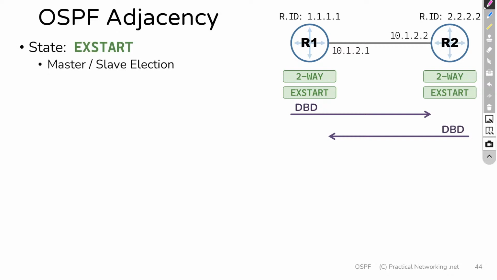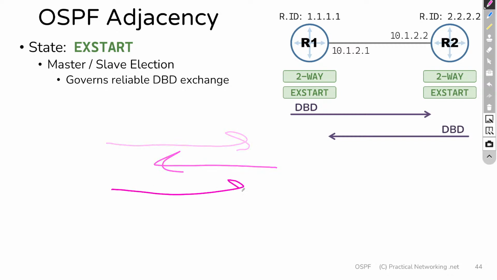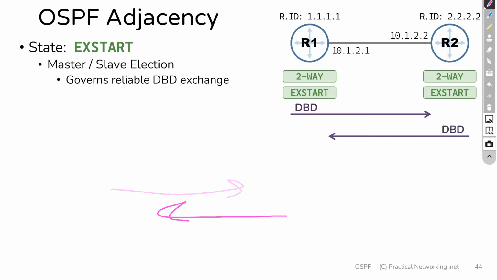Now, the initial purpose of these DBD packets is to do the master-slave election. What happens is one of these routers will be elected as the master, and then the other one will be the slave, and the communication flow from that point forward will always go master says something, slave responds. Master says something, slave responds, all right? This is how they're going to do reliable exchanges of their link state databases.